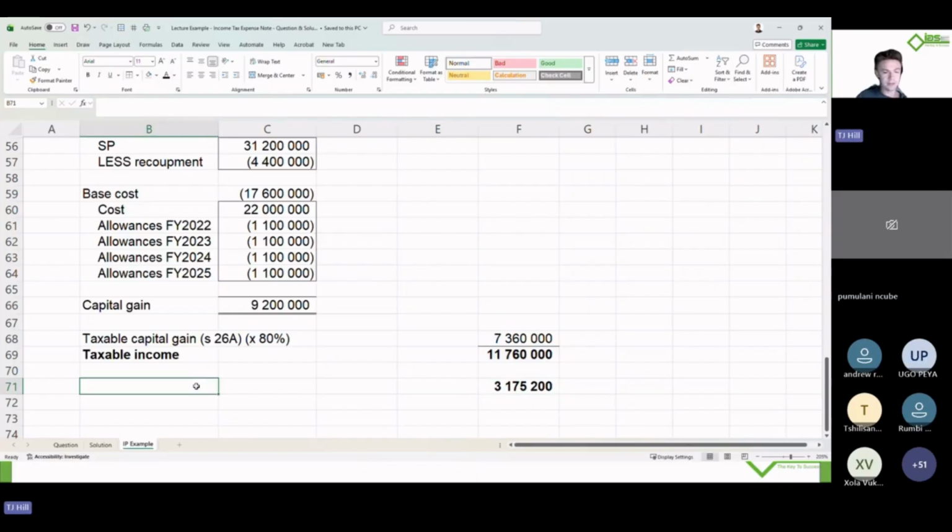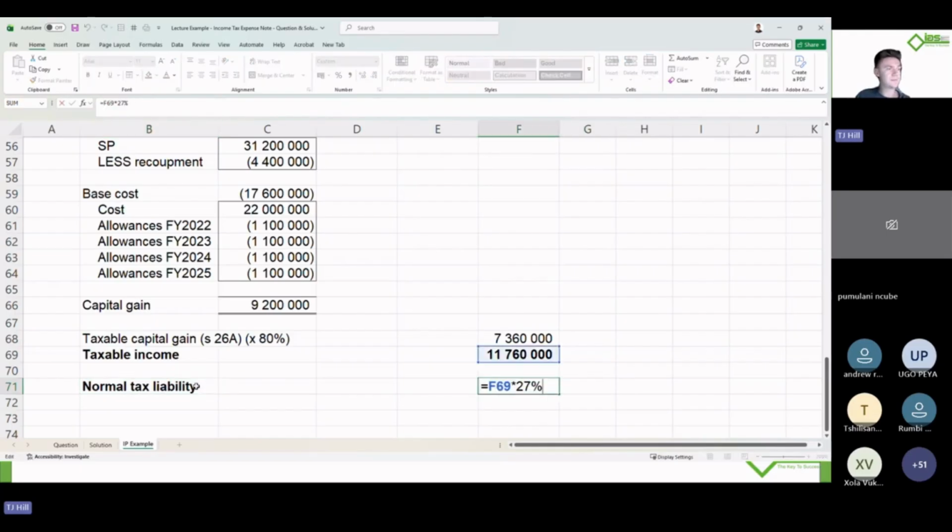Which gives me my effective 27%. Are you with me? I've done nothing strange yet. It's a little bit of tax revision. But do you see the problem here?